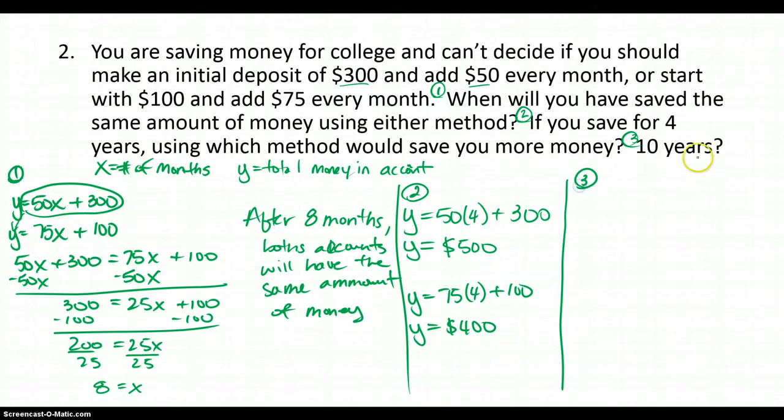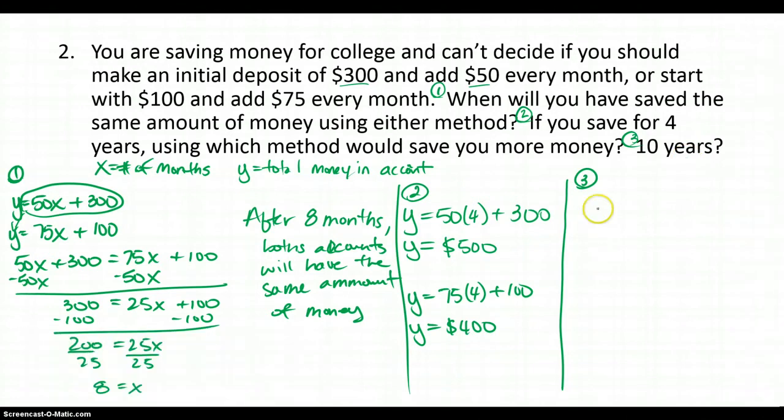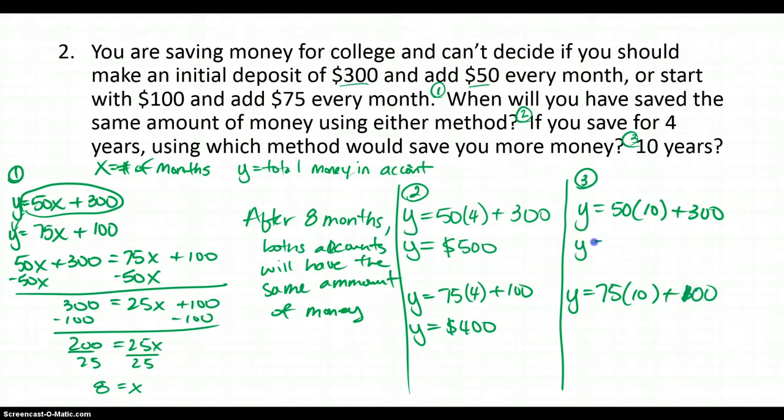Well, question number 3, we're talking 10 years. So same thing. Y equals 50 times 10 plus 300, and y equals 75 times 10 plus 100. So on this one, y would equal $800.